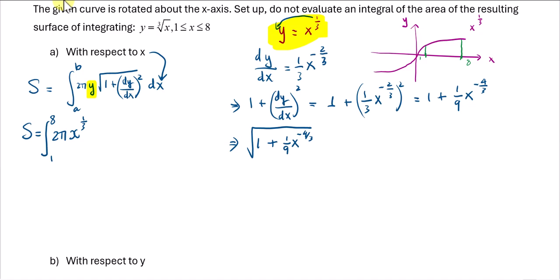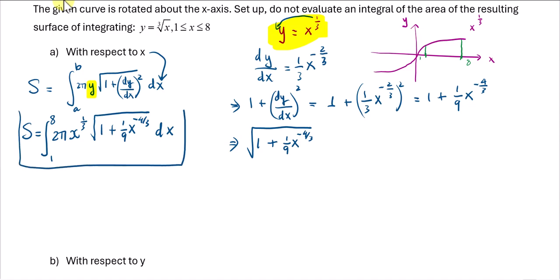And we multiply by the square root of 1 plus 1 over 9 x to the minus 4 over 3 and dx. So this is how you set up the integral, and the question does not ask you to evaluate that. We only set up the integral with respect to x.